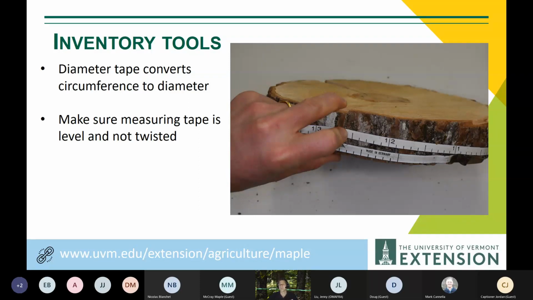If you can see the bottom part of the tape, there's a line, and I'm lining up my eye with where that bottom line and the graduations above. And this is divided up into tenths. If you're using a D tape, make sure the tape is level, parallel with the ground, or perpendicular to the stem. It's not up or down in some way, and not twisted, because that would impact the measurements.